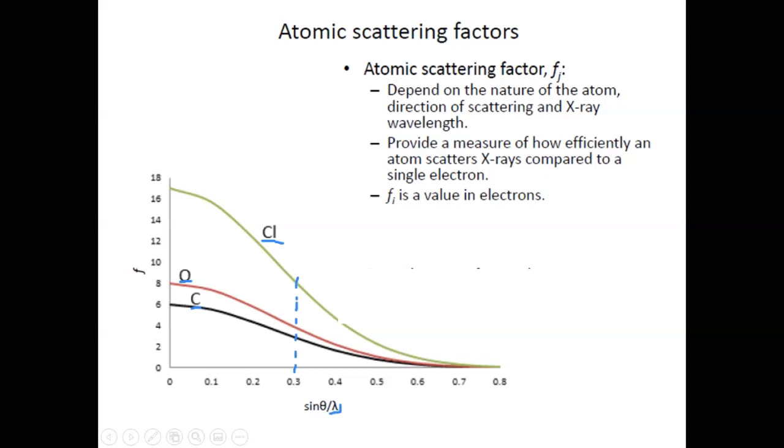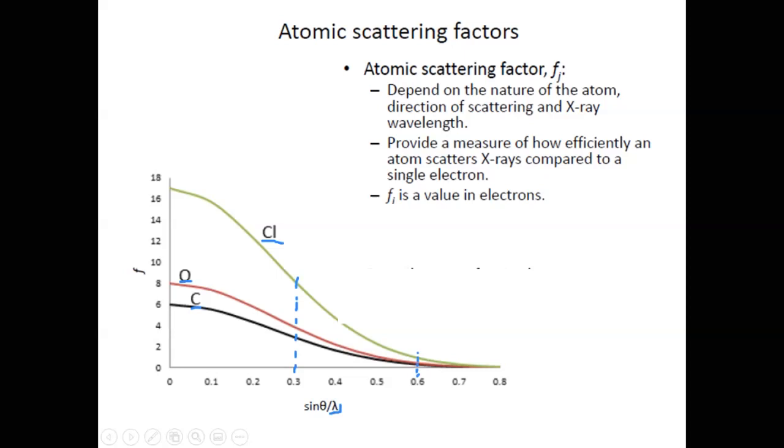Now, if we go to somewhere like 0.6, the further out we are, chlorine still scatters somewhat effectively, but you'll see carbon and oxygen's scattering power has diminished quite substantially because these are weakly scattering elements with very few electrons.